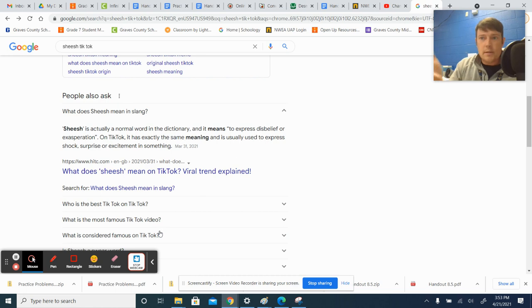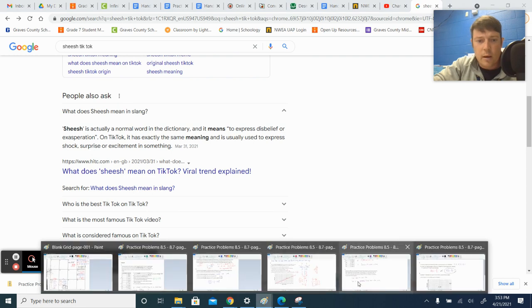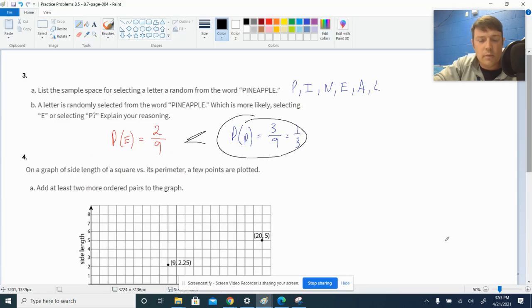Also, shock, surprise. So sheesh. Nothing wrong with it. It's not a curse word. I was worried at first that I was saying something bad, but it is a typical word. And it just means exasperation, shock, surprise. Can't believe it happened. Sheesh. There you go. So I feel better about using it now, though I do feel old for having to look it up. But you know what? Life goes on.